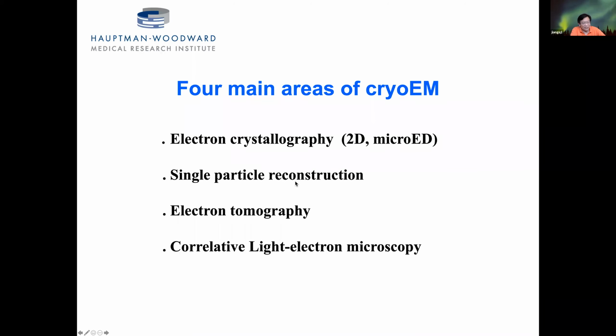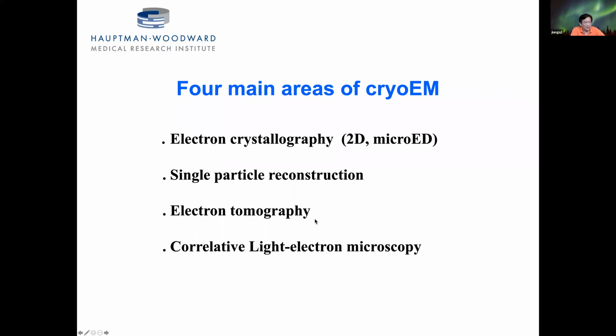The second part is the major direction currently ongoing, which is called single particle reconstruction, which is to use computational algorithms to combine images of single particles in different orientations, such that you can use the images from 2-dimensional space to build a 3-dimensional structure.